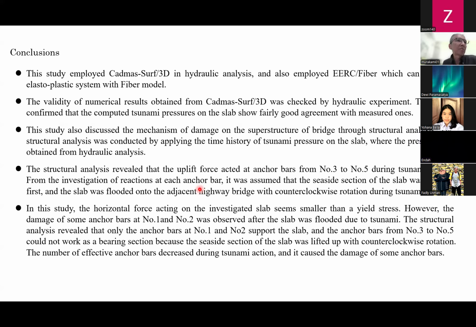The number of effective anchor bars decreased during tsunami action, and it causes the damage of some anchor bars. This is a very advantageous technique.